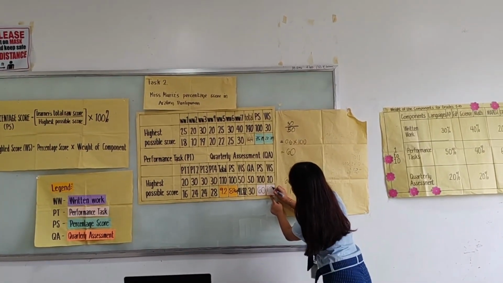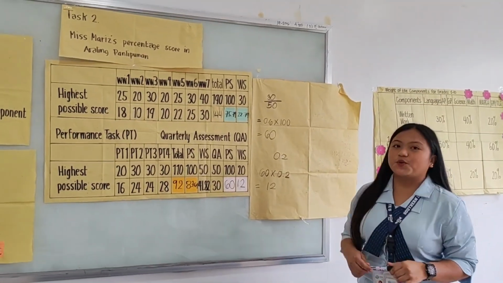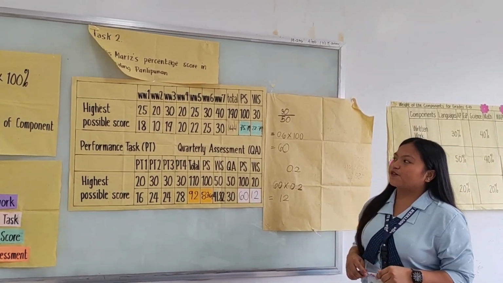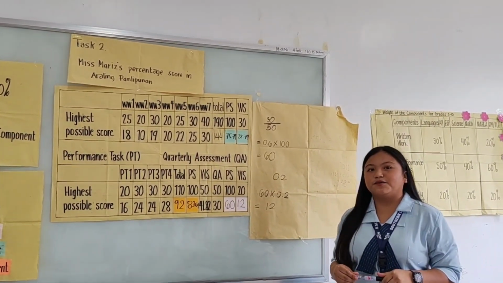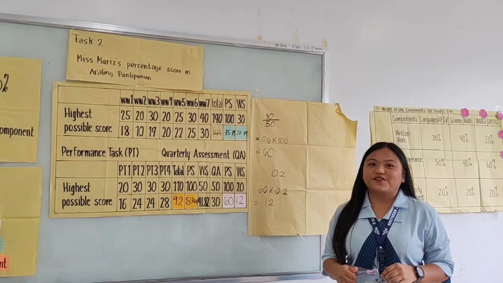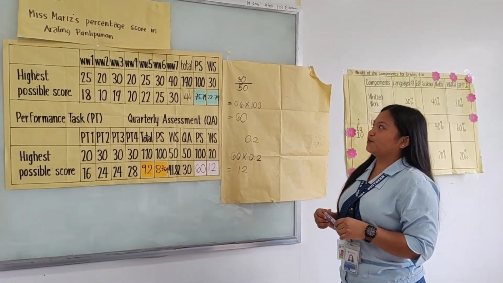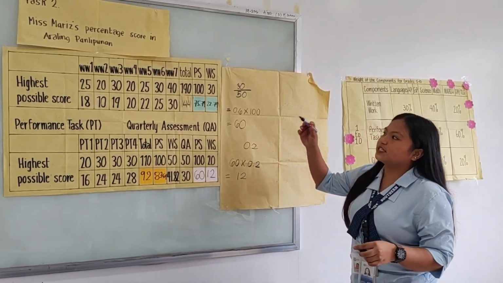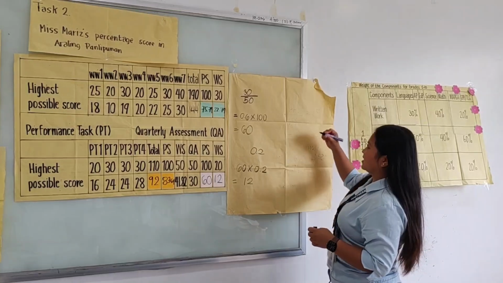Since we have already completed the weighted scores of Miss Marie's written work, performance task, and quarterly assessment, we need to calculate her quarter grade. To compute it, we need to add all the weighted scores, from her written work up to her quarterly assessment.